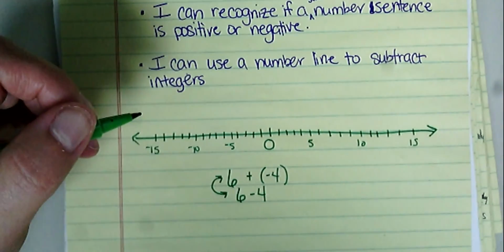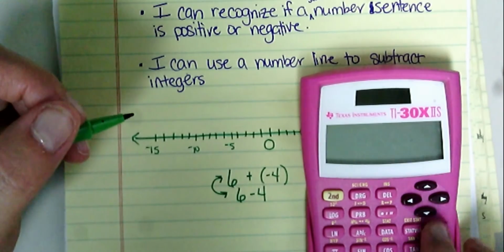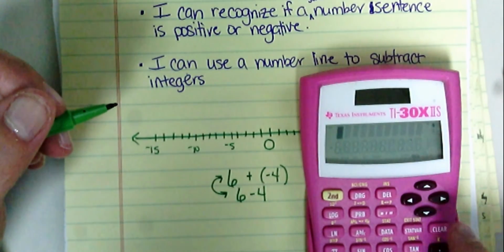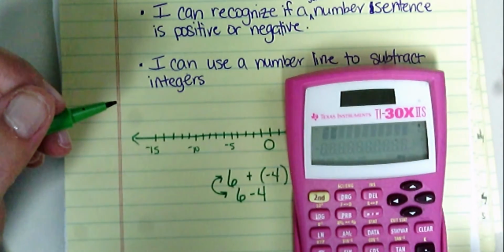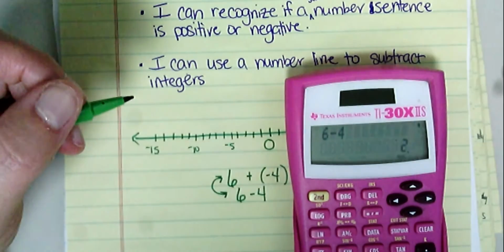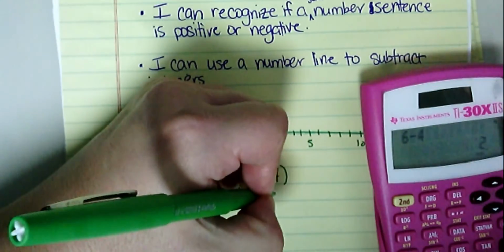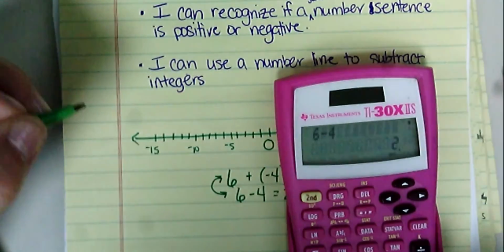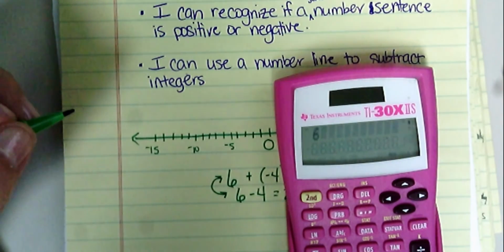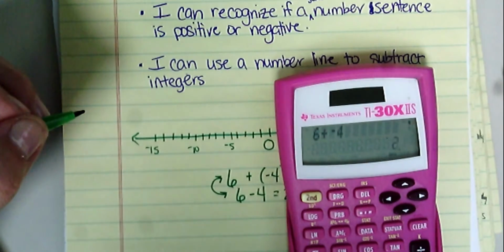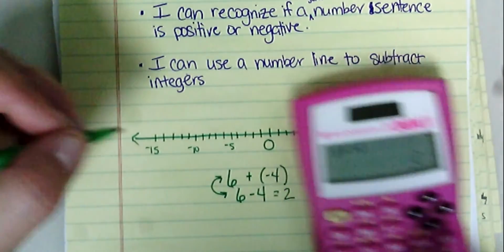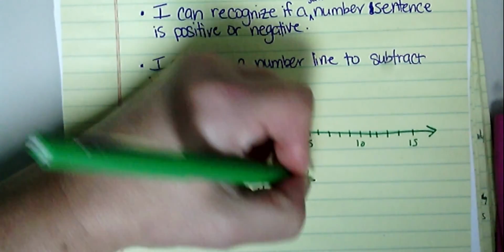In other words, if you have 6 minus 4, obviously 6 minus 4 equals 2, correct? All right. And 6 plus negative 4 also equals 2, okay? It is the exact same thing.